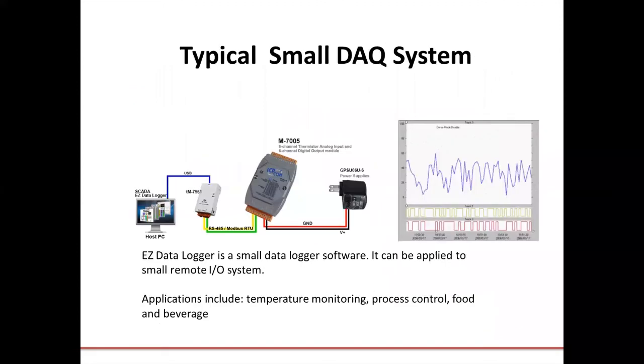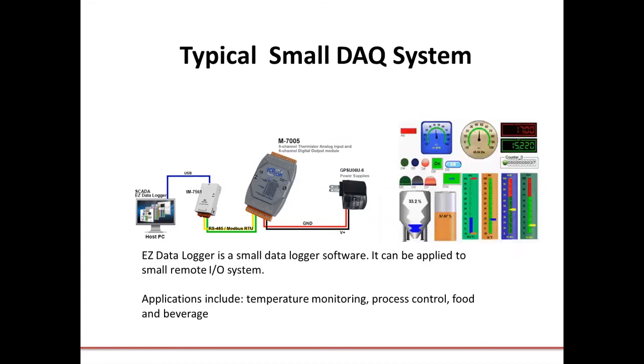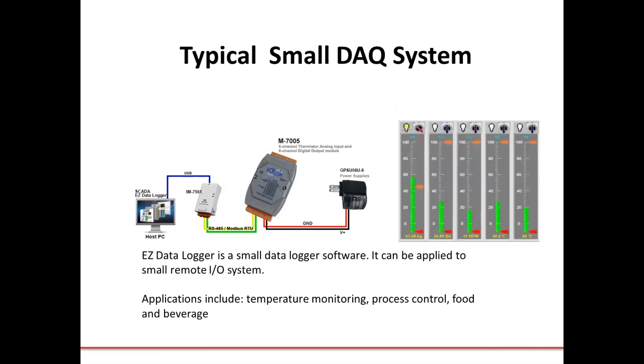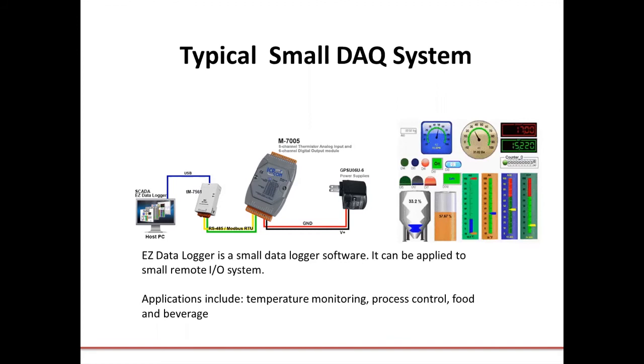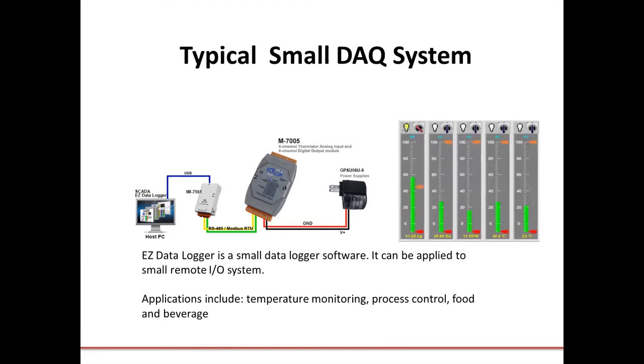Next, a typical small data acquisition system can be as simple as 1 data acquisition module and 1 sensor. In this case, we show the TM7561, which converts the USB port of the PC into an RS-485 bus to communicate to the M7005 to read sensor data.